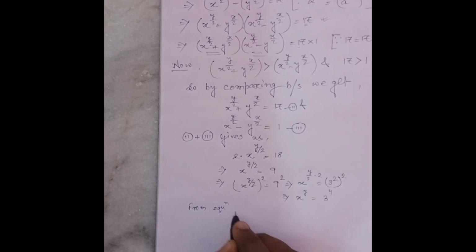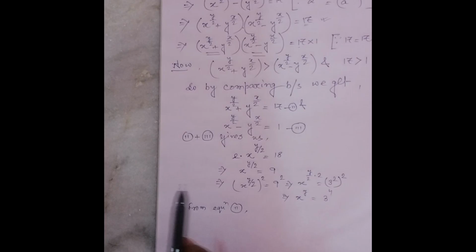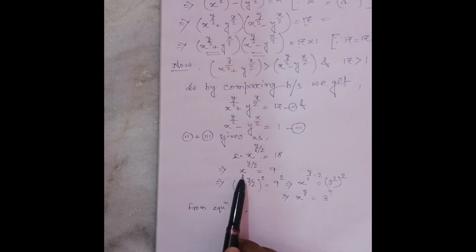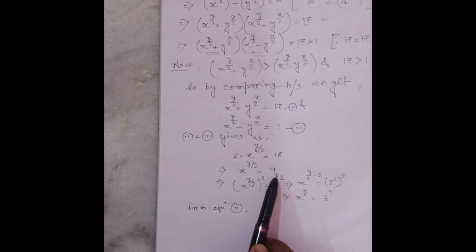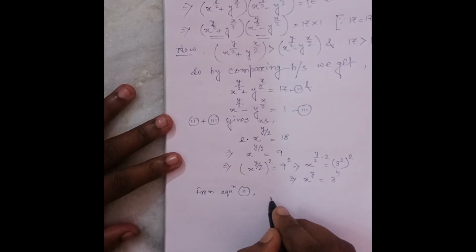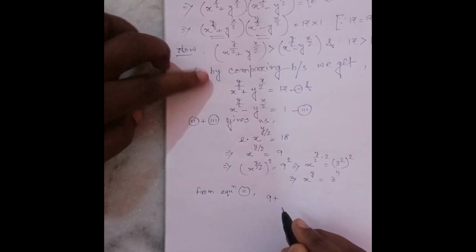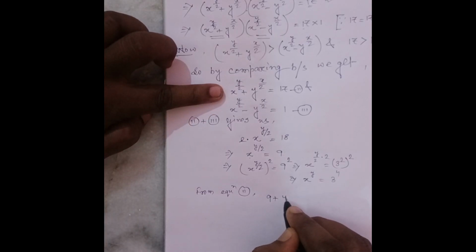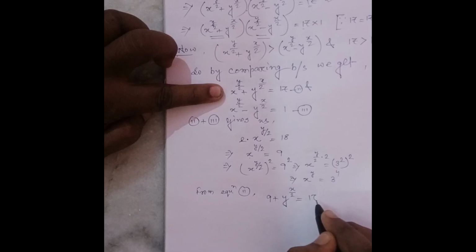Now if we put this value of x to the power y by 2 equal to 9 in equation number 2, what will we get? We will simply get 9 plus y to the power x by 2 is equal to 17.